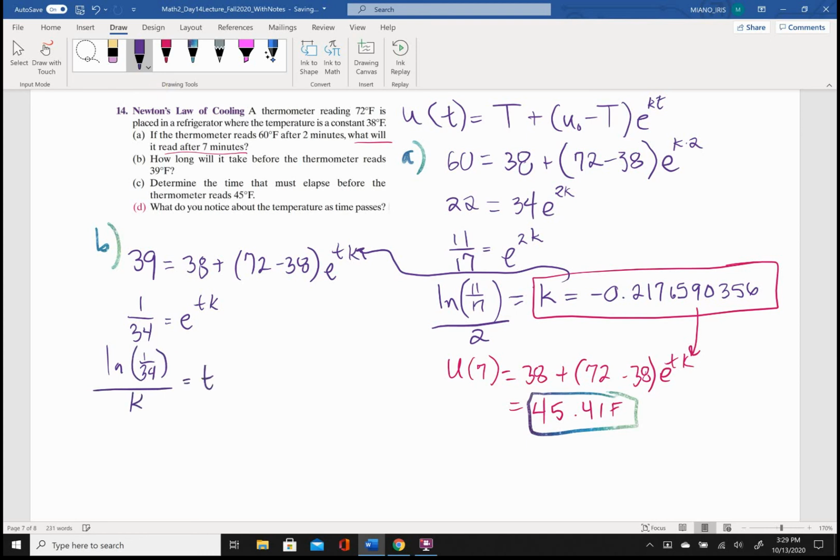And that'll give us our t value, which if you plug this into your calculator, remember, k is this number right here that we already calculated. There's no reason to keep writing it so many times in order to make our point. So let's round to the nearest hundredth for this amount of time, and it'll be about 16.20. And since there's a 0 in the hundredths place when you round it, we could just call it 16.2 minutes.